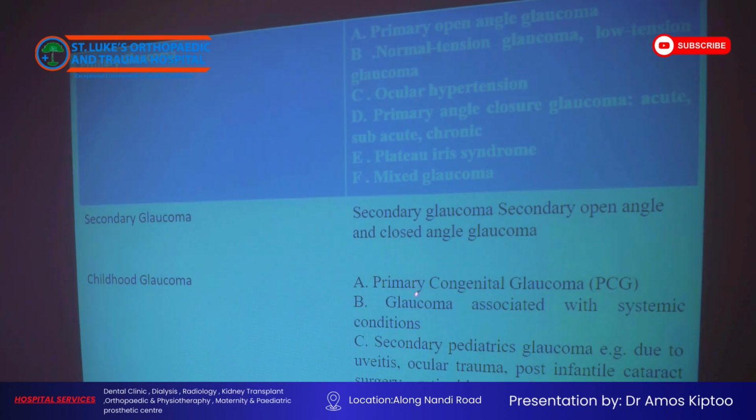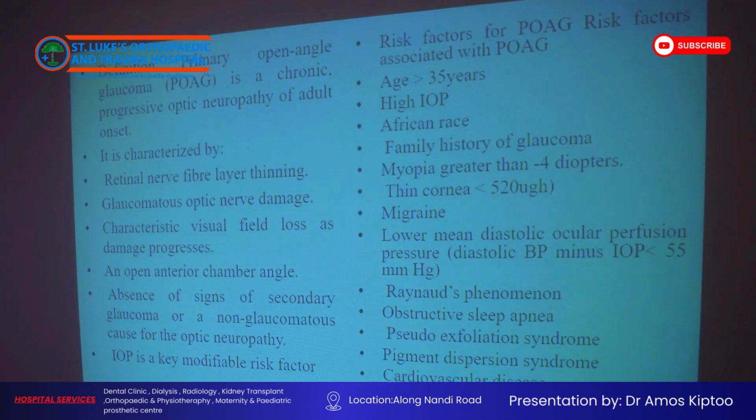As I said, we discuss primary open angle glaucoma, abbreviated as POAG. It is chronic and progressive, and keeps on causing damage to the nerves for a long time, which is why it's called chronic. Let me show you the angle.